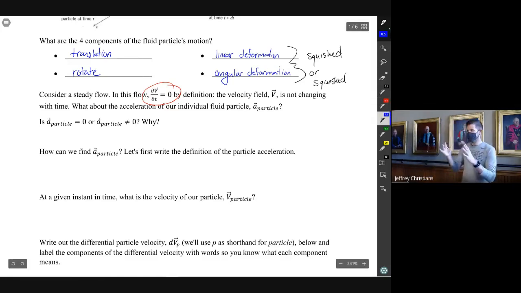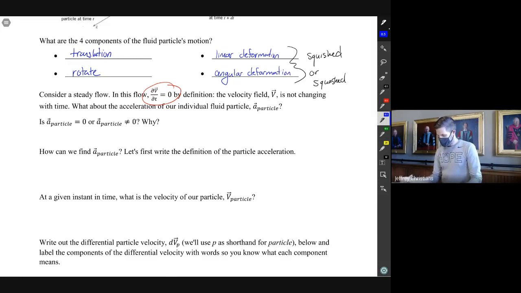So we're going to have to be kind of living in both of these two worlds at once. And what we're trying to do is connect these two worlds: the whole flow by itself, but also you as a particle. Your particle can be accelerating. It doesn't mean that you always are, but you could be.